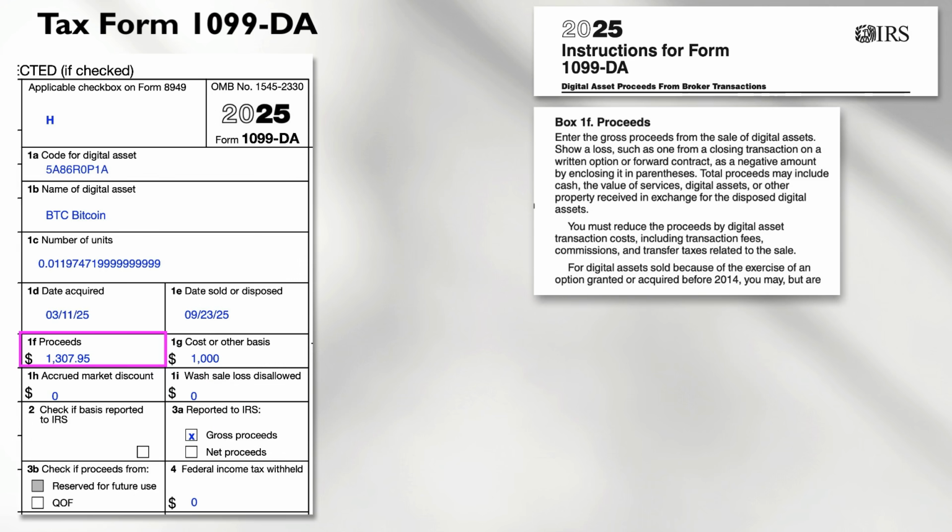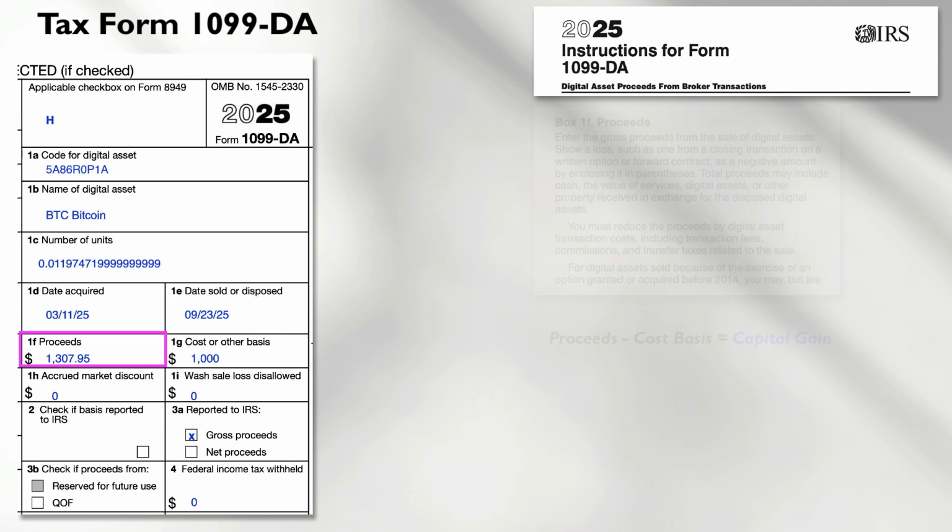In our example, Lucas' gross proceeds were $1,307.95. You are not taxed on the full proceeds amount. To determine your capital gain or loss, you must subtract your cost basis from the proceeds.